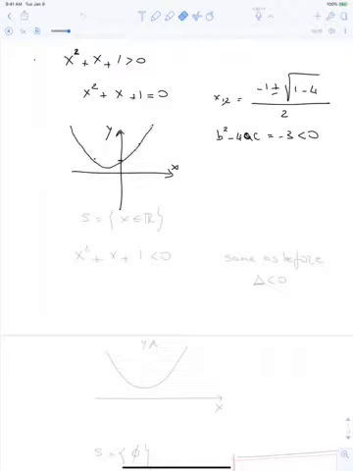So it's something like this. Okay, so when is this expression greater than 0? Well, always, right? So this expression is always positive. So S is just all x's belonging to the set of real numbers.